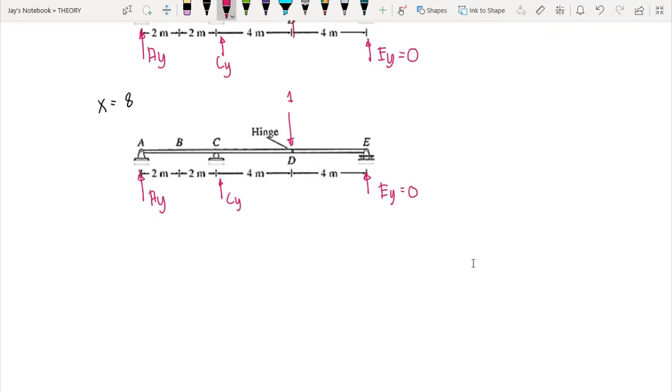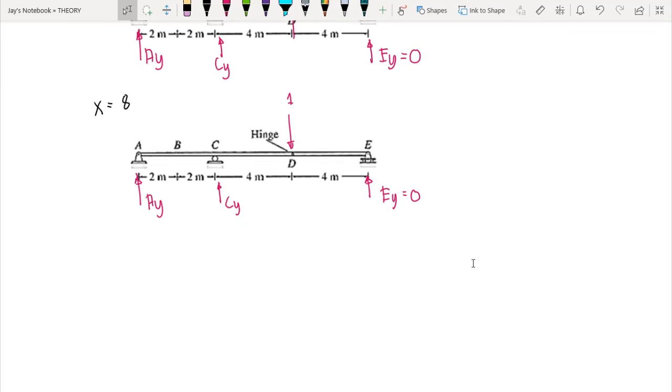Again, if we cut at D, we would have this DY, and this DX, and our 1 unit load is at point D, and this is our EY. So take note again, if we sum up moment at D is equal to 0, counterclockwise positive, we have EY times 4 is equal to 0. So automatically, EY here is 0.